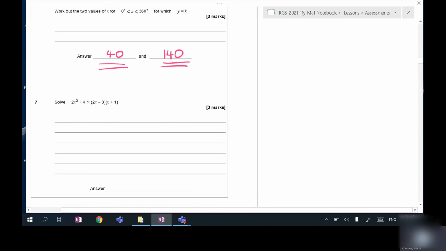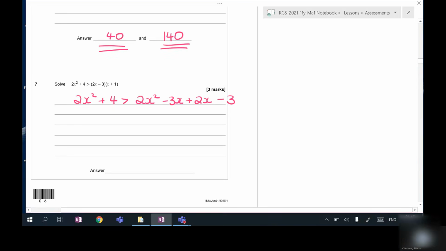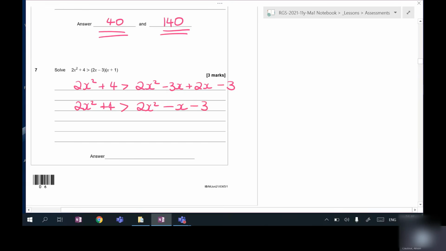Okay, quadratic inequalities. I'm going to expand the brackets. Okay, and actually the quadratic part cancels out.